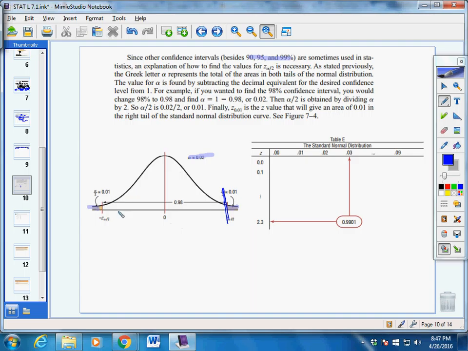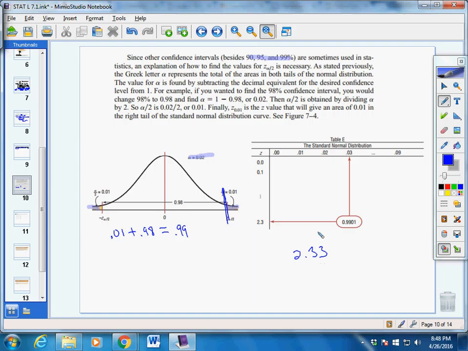So this is 98%, and then this is another 0.01, so we have to add it up and we get 0.99. If you look just on the positive side, that's all we do on our normal distribution table, 0.9901 is as close as we could get. So that would leave our z alpha over 2 to be 2.33.